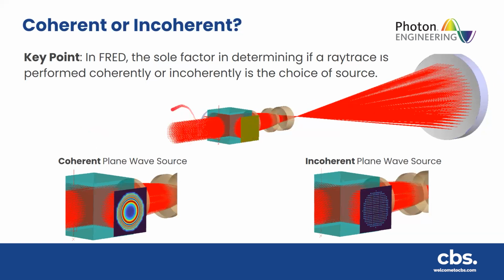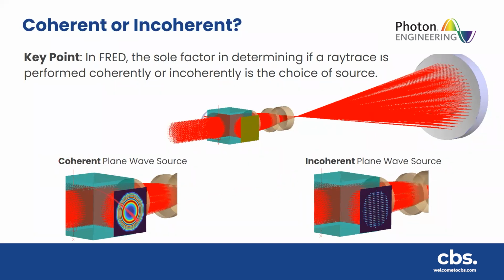We've got the coherent source here on the left side coming into the beam splitter, and the beam splitter splits one path up to the reference mirror and down, and the other path through to the test mirror, back in, and then down to the detector. Using the exact same model and the exact same coatings, ray trace settings, and so forth, the difference between using the coherent source or the incoherent source is very large.